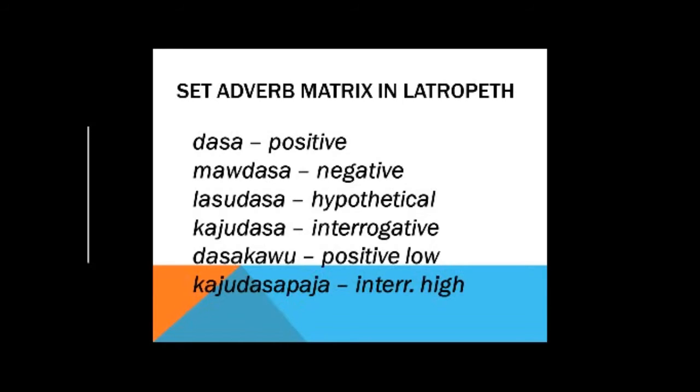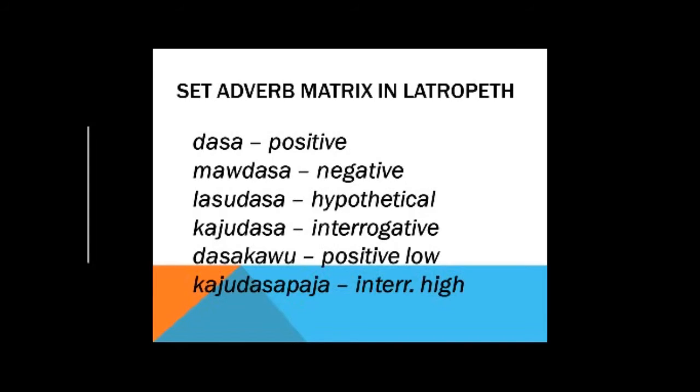The form daso kawu is positive and low degree. So it can also be translated as can in terms of ability, but it's not as strong as dasa. So you could translate it as might be able to.